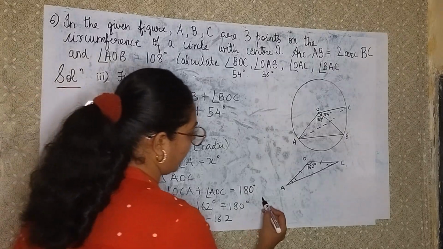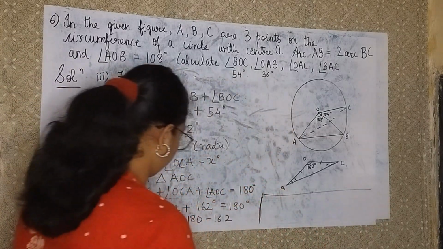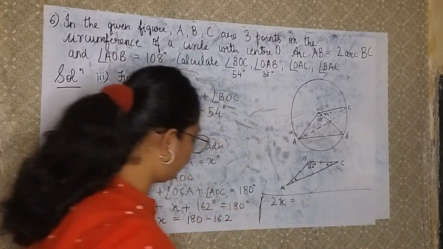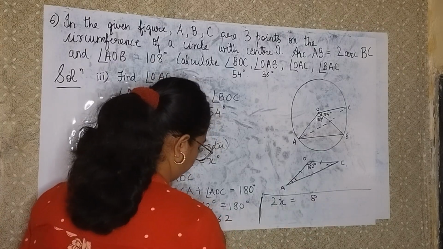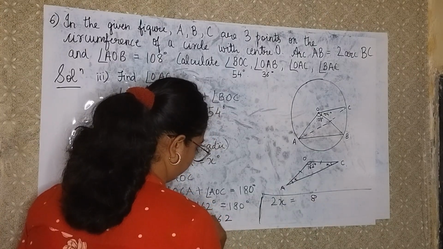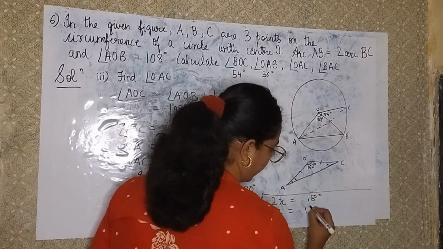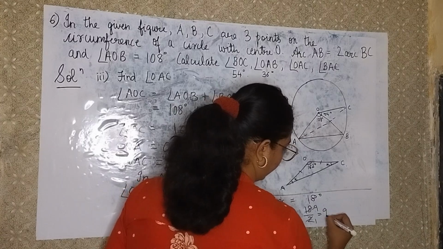So I get 2x equal to 18 degrees. X equal to 18 upon 2, 9 degrees.